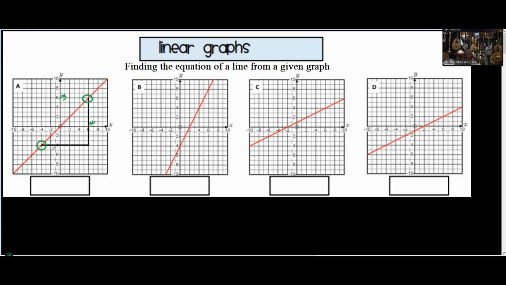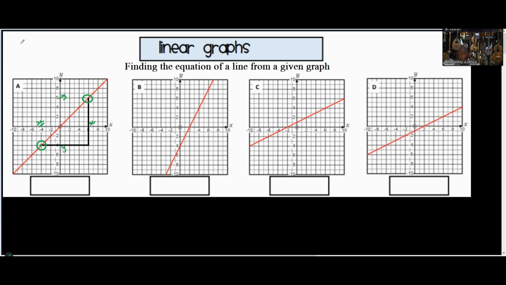That's why it's 6. Now, the second point that I'm picking on the line is on the negative side. For both x and y, they are both negative. This is the value for x, and this is the value for y. The value for y is on this particular place, which is -4.